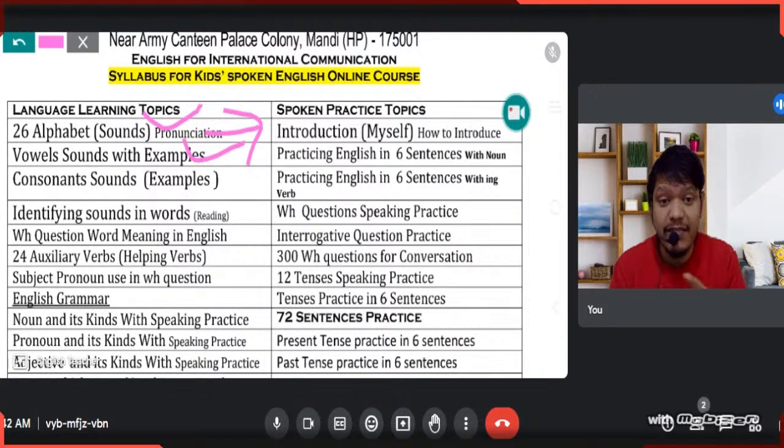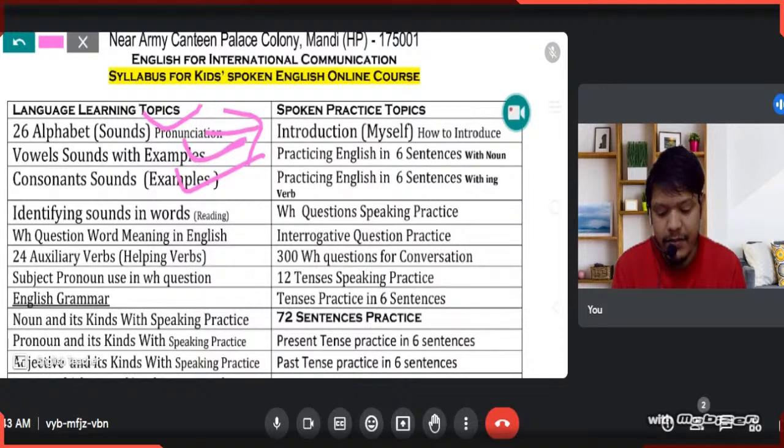We learn how to join the sounds of the vowels and consonants in an English word in order to find the correct pronunciation of that particular word, pronouncing words correctly by joining vowel sounds and consonant sounds. Then consonant sounds with examples, vowel sounds with examples.